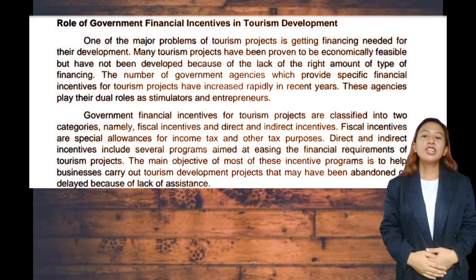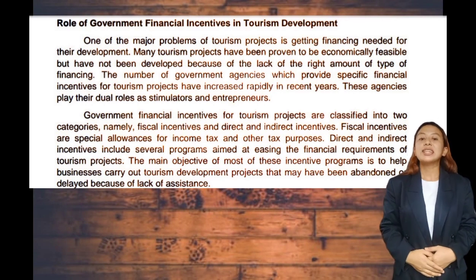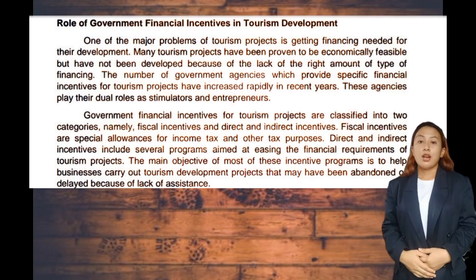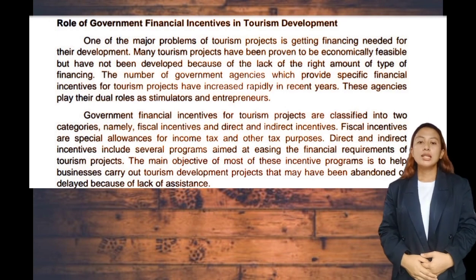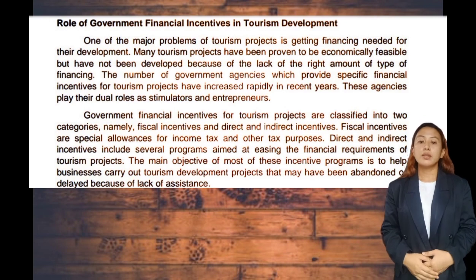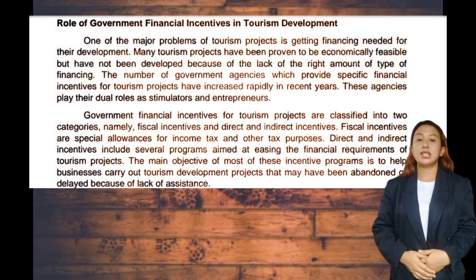Direct and indirect incentives include several programs aimed at easing the financial requirements of tourism projects. The main objective of most of these incentive programs is to help businesses carry out tourism development projects that may have been abandoned or delayed because of lack of assistance.